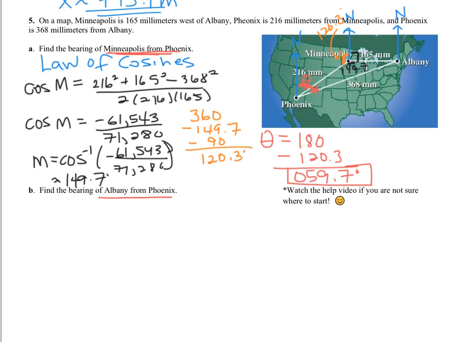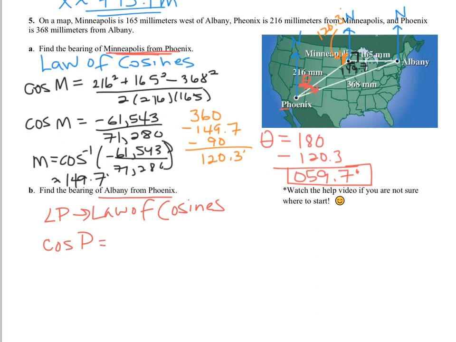We're going to do law of cosines again. We'll find the measure of angle P first by doing law of cosines, and then we're going to add the bearing of Phoenix to Minneapolis, and that'll be the bearing to Albany from Phoenix. All right, so we're going to do cosine P for Phoenix, which seems weird because it's P, but it sounds like F, but anyway, you get it.